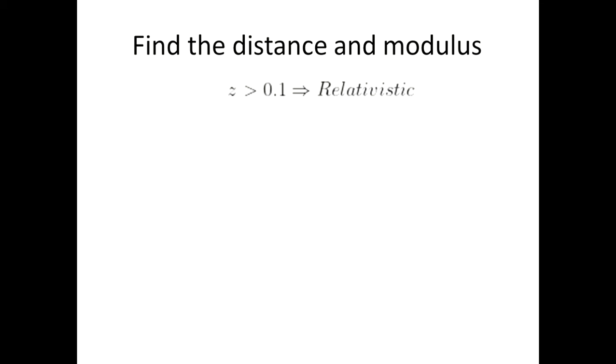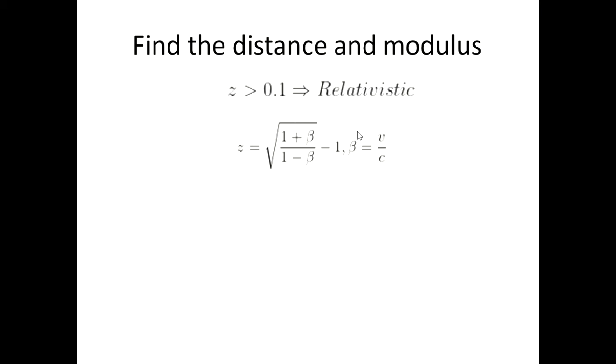So it's relativistic. Then we can just put it in the equation for relativistic redshift. Z is equal to square root of 1 plus beta over 1 minus beta, minus 1, where beta is equal to V over C.